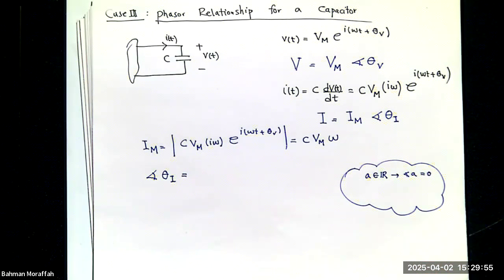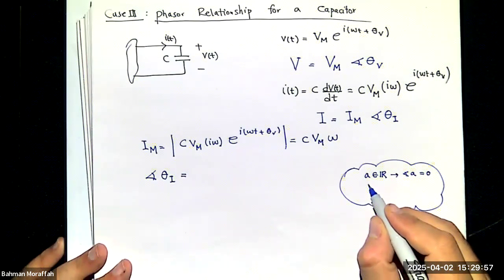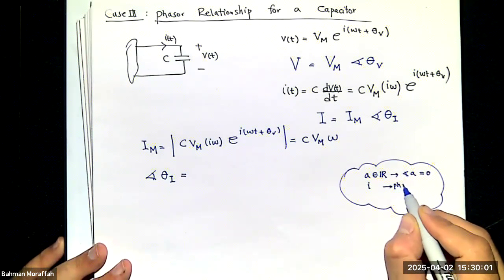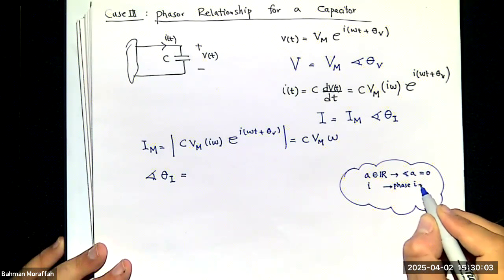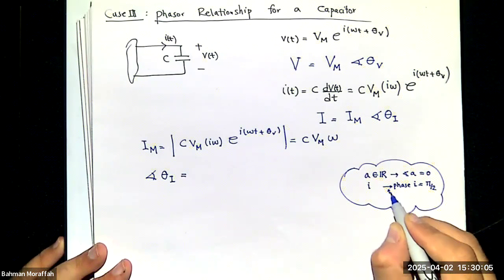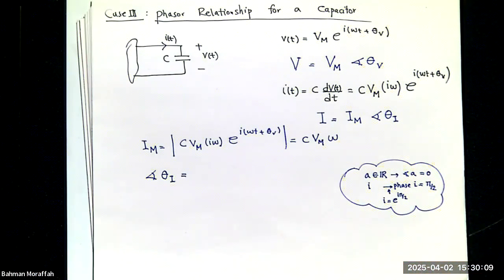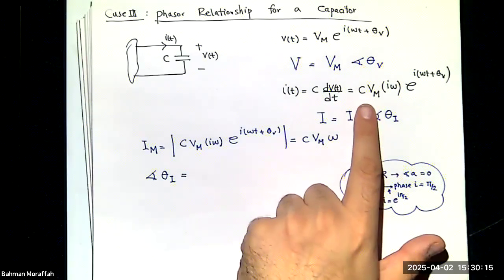Let me quickly remind you this. If I have i, phase for i is pi over 2, because I can write i as e to the i pi over 2. Right? So what is the phase here?